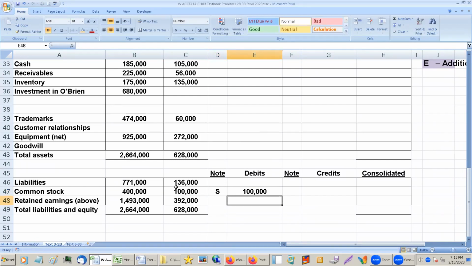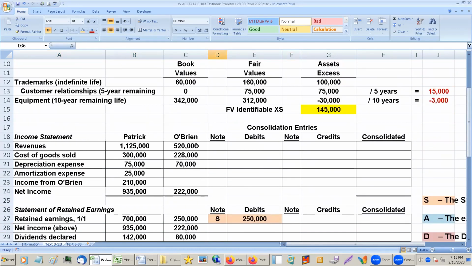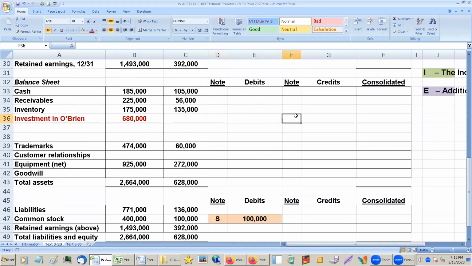There are many states that don't require par value. And here's the investment in O'Brien. Okay, so let's see, we have S.